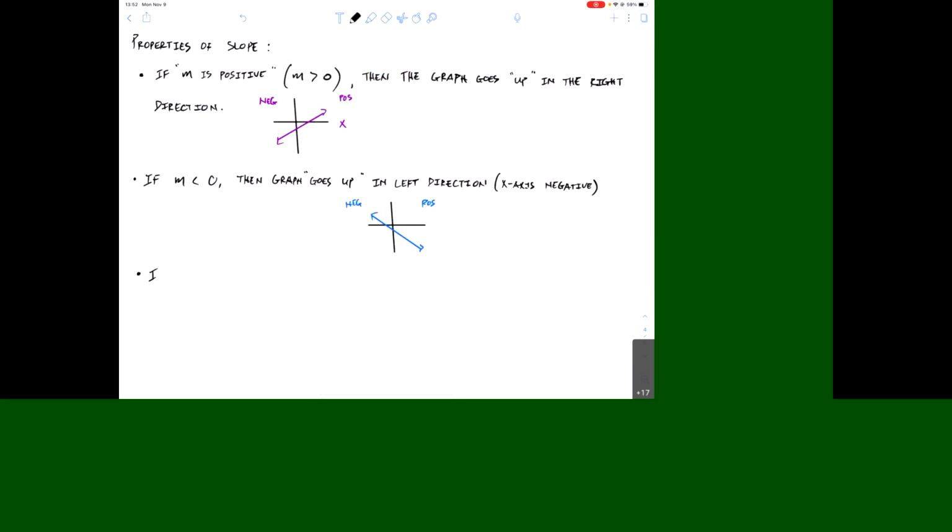If m is greater than 1, right, then your graph will have a steep slope.